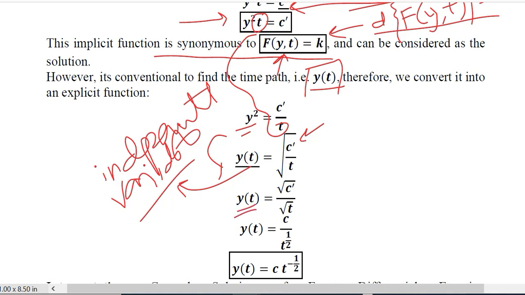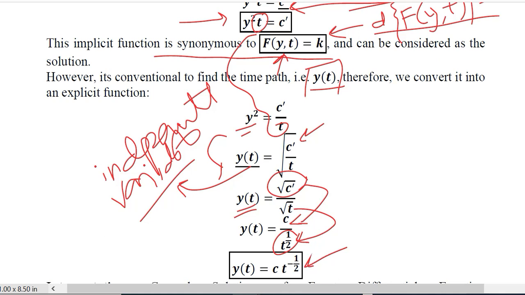and the time path of y is now being simplified. The square root of a constant will be yet another constant, which is represented with c, and t can be written like this, and then being reciprocalized, t to the 1 over 2 becomes t raised to the power minus 1 over 2.